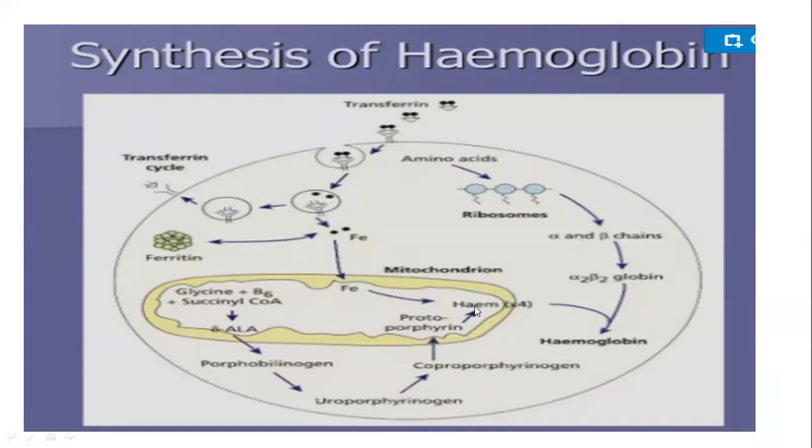Okay, and the heme, as we all know, is a function of glycine, all right, and succinyl-CoA, which combines initially in the mitochondrium through some cytosolic or cytoplasm activities, subsequently back into the mitochondrium for it to be bound to iron to form heme. And when this gets out of the mitochondrium, you also have amino acids going through the ribosomes, leading to formation of the polypeptide chains or the globins, which will be alpha and beta globins. And this then will bind with heme to form hemoglobin.